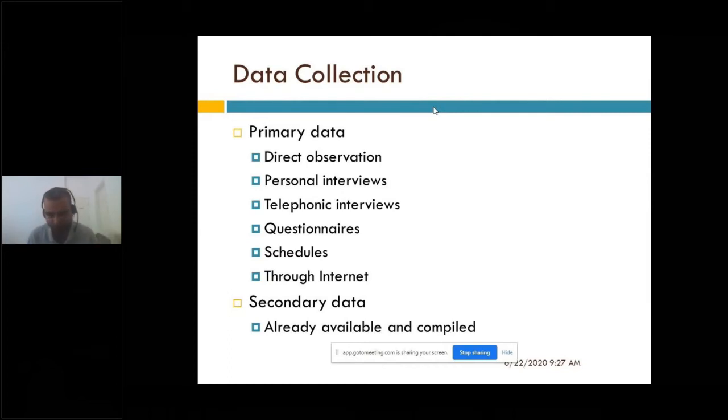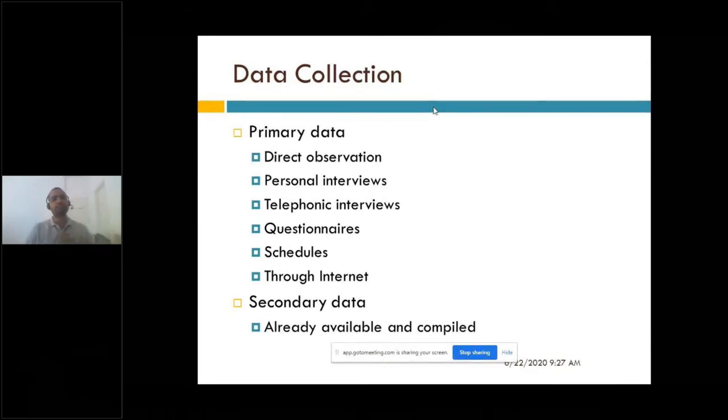If it is structured, you can have options or values for those questions also. So the analysis of questionnaires and schedules is easier than interviews and direct observation. This is the merit of questionnaires and schedules.